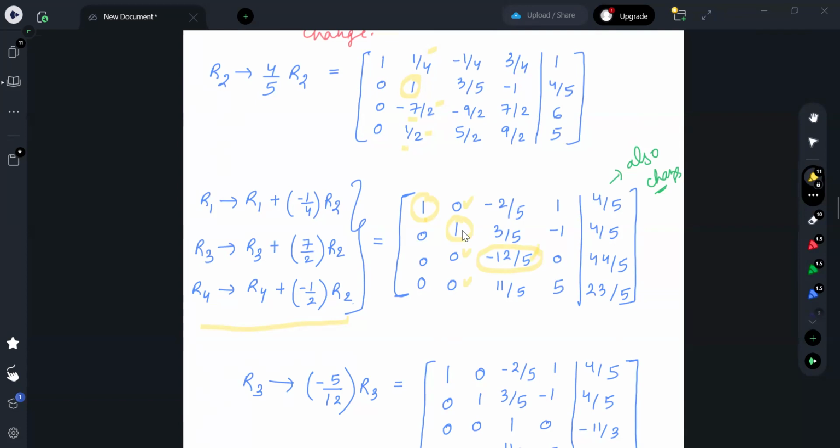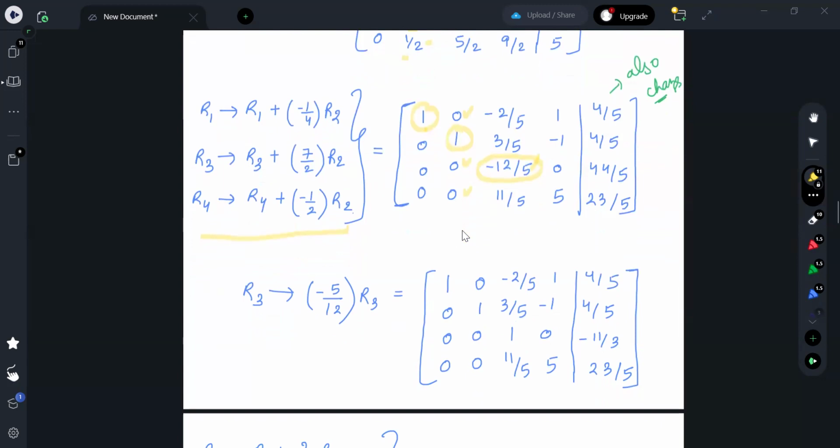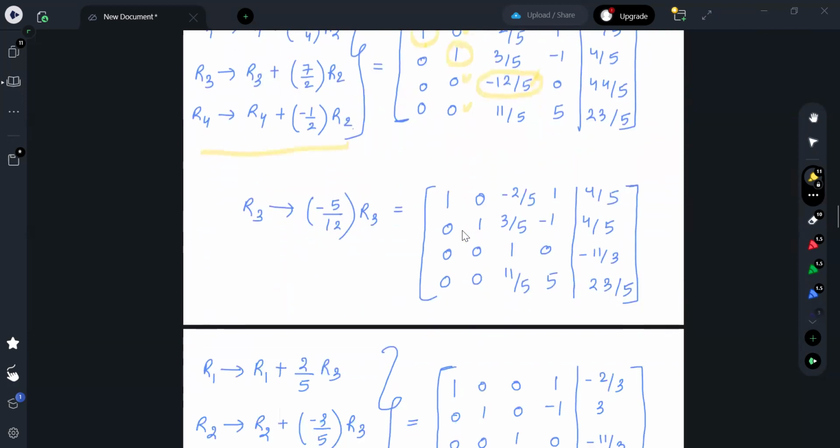But because I want to make this a 1 first, we need to operate on that row alone. So how do I make this a 1? I multiply row 3 by negative 5 over 12. And there you go, simple math. Now, once I have a 1 in my desired location, I can use row 3 to make everything below and above it 0.